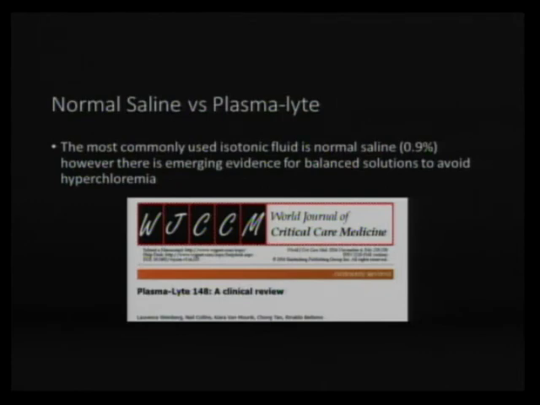So there seems to be evidence and a shift away from normal saline to Plasma-lyte, but right now there's not a whole lot of randomized control studies regarding morbidity and mortality to back those statements up completely. But a lot of institutions, including this one, already started to make the switch to a more balanced isotonic fluid.